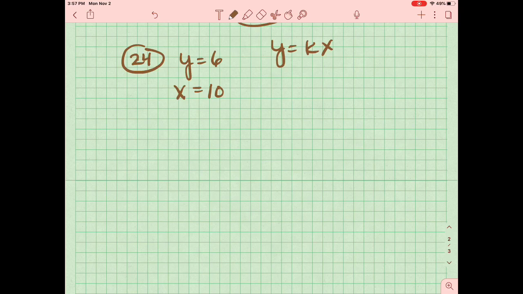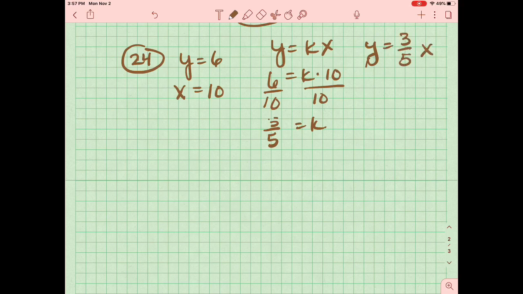And then we're going to find x when y is 18. So we just plug these numbers in. 6 equals k times 10, divided by 10. We can simplify 6/10 to be 3/5, and we can rewrite our equation as y equals 3/5 x.